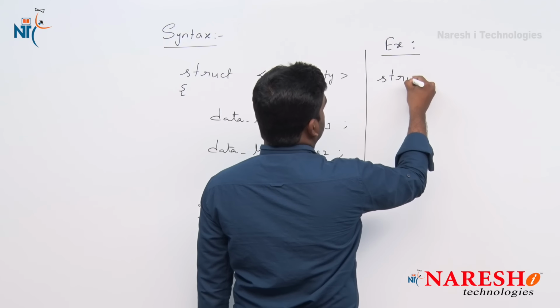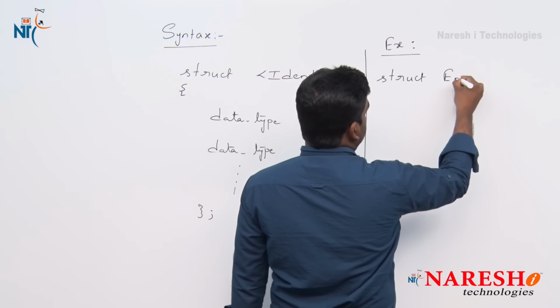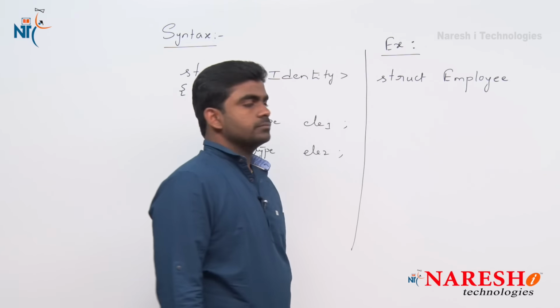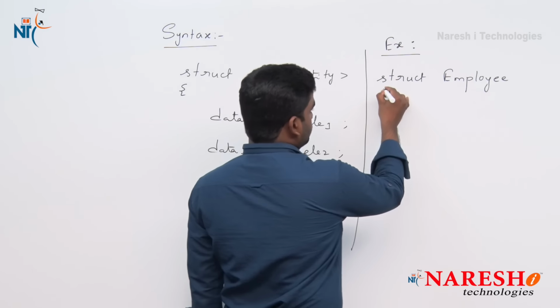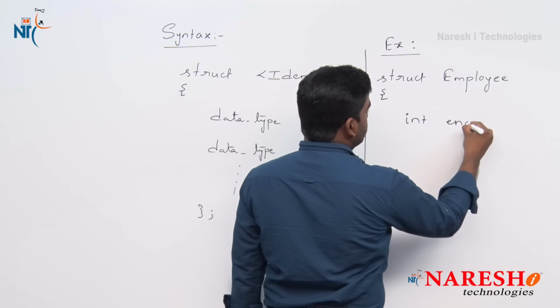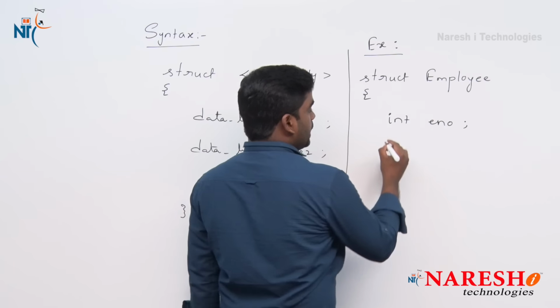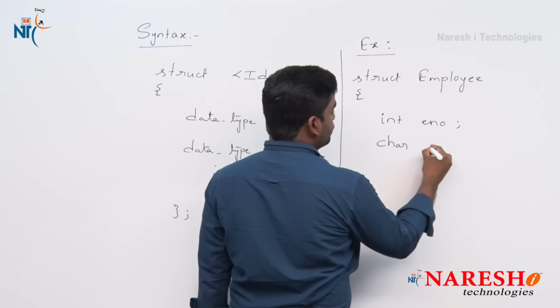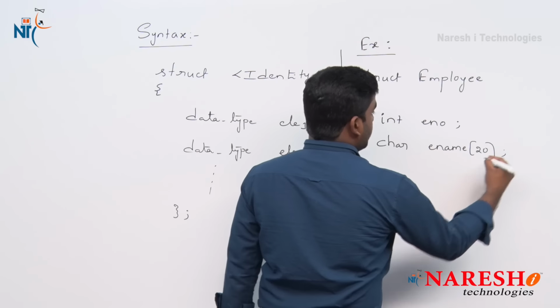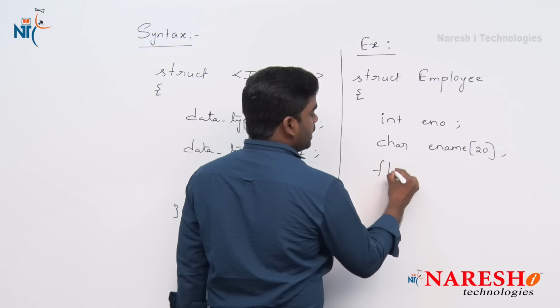struct, suppose the employee structure we are taking. Here employee number is of type what? Integer type. Employee name is of type what? A character array. Employee salary is of type what?